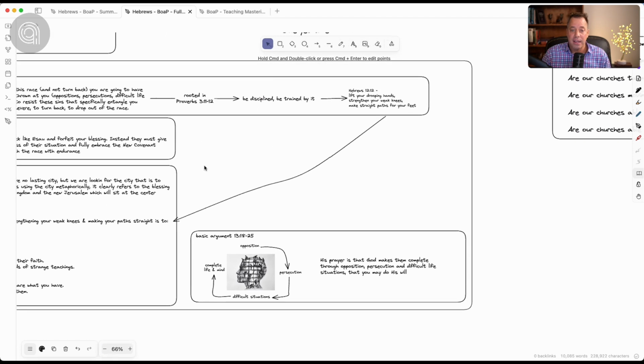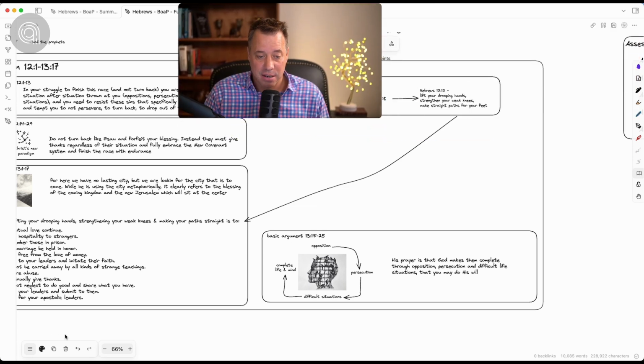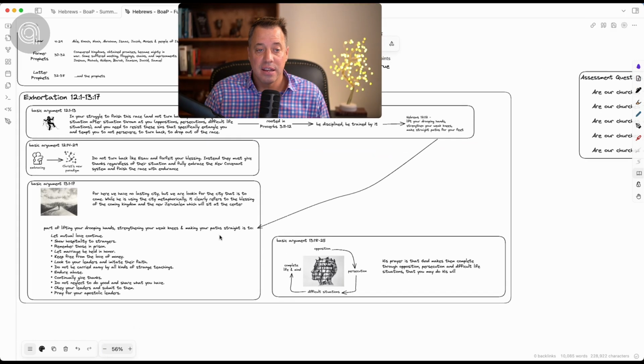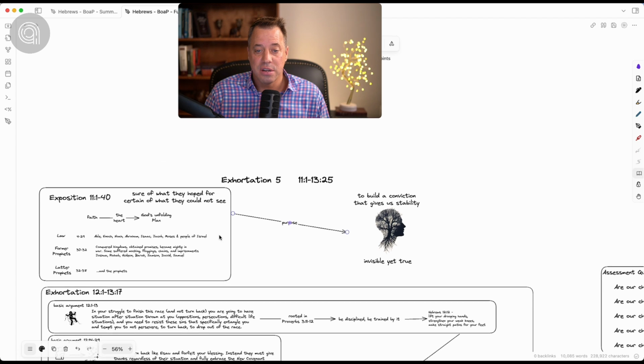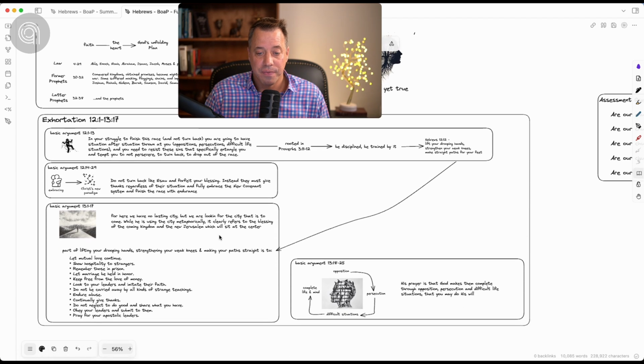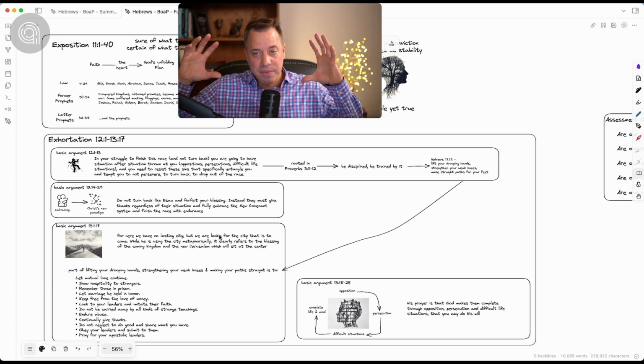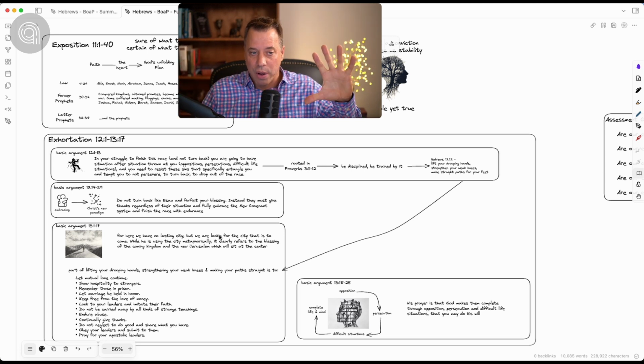So that is, let me bring back to the middle here. That is the fifth exhortation, the final exhortation found in the book of Hebrews. And it talks about how we're to build our minds just like those who went before us.